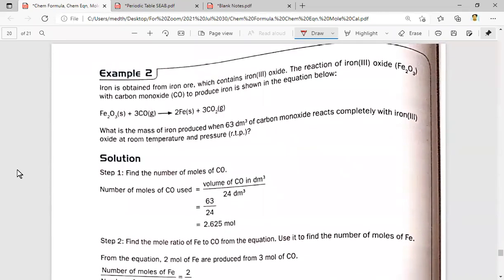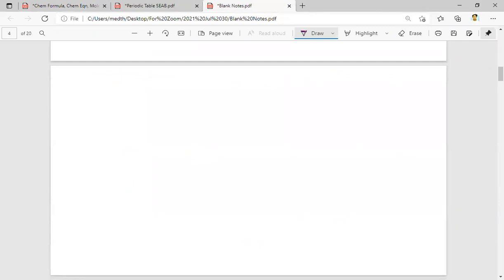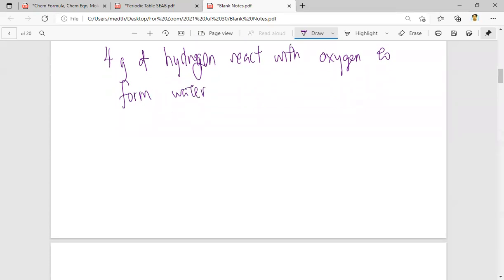Okay, let's use, oh yeah, tell you what, I won't use this one here. I'll use one example on my own. So for example, the question can go like this. I say 4 grams of hydrogen react with oxygen to form water.